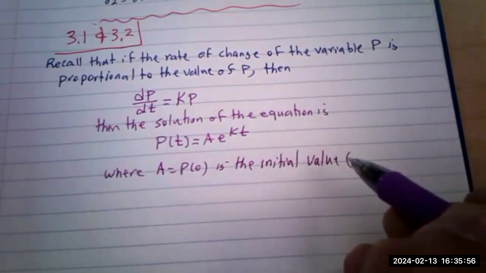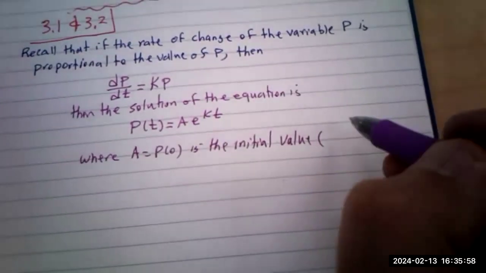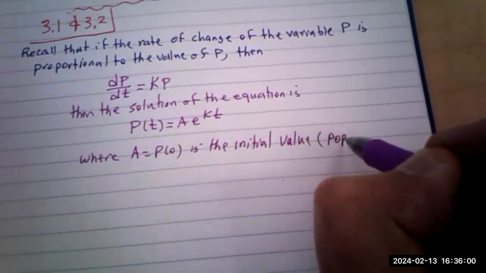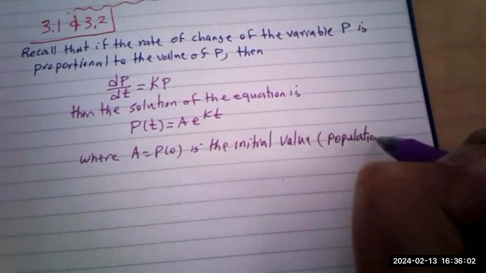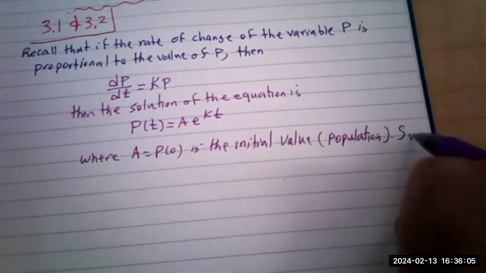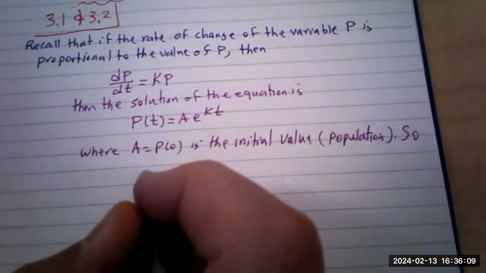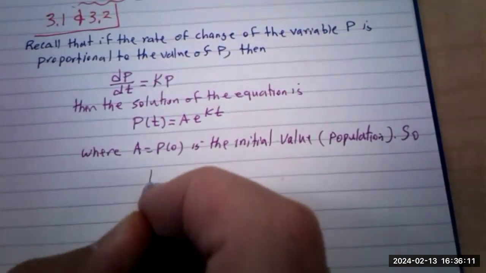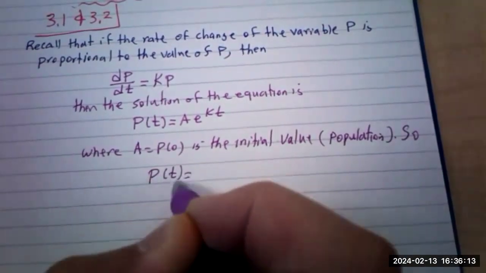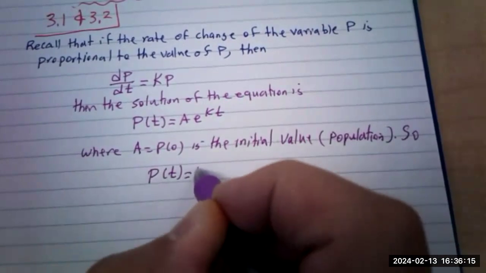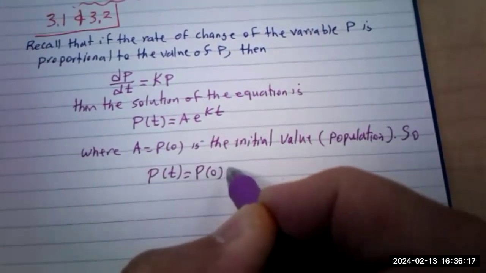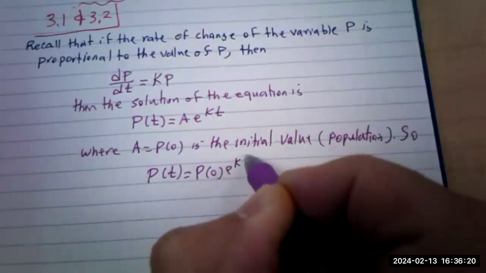In this case, it's going to be the initial population. So the formula is usually given in this form: P of t is equal to P of 0 e to the kt.